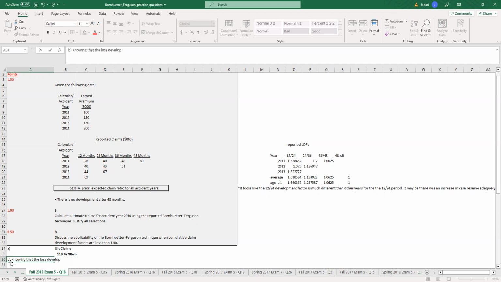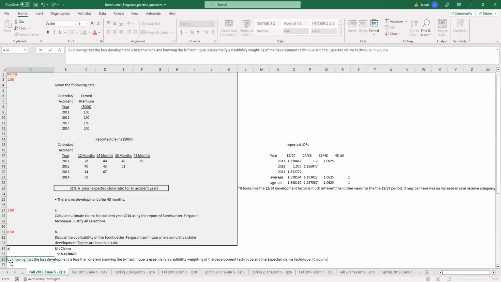Knowing that the loss development factor is less than 1, and knowing the BF technique is essentially a credibility weighting of the development technique and the expected claims technique, it would not be appropriate, as one weight is greater than 1 and the other would be negative.